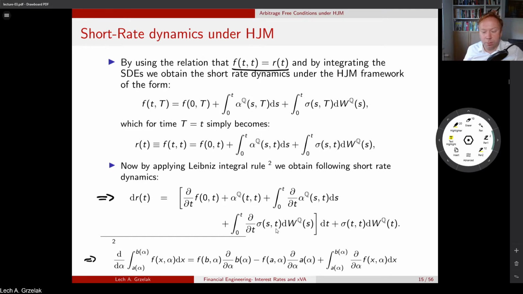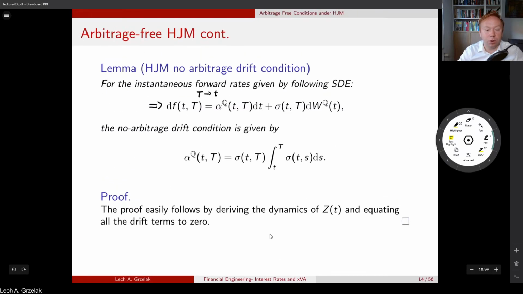It's important to keep in mind that in this relation between s and T, this volatility function is allowed to depend on different instantaneous forward rates. So if you look here, we will have different drifts or different volatility structures for different maturities T.